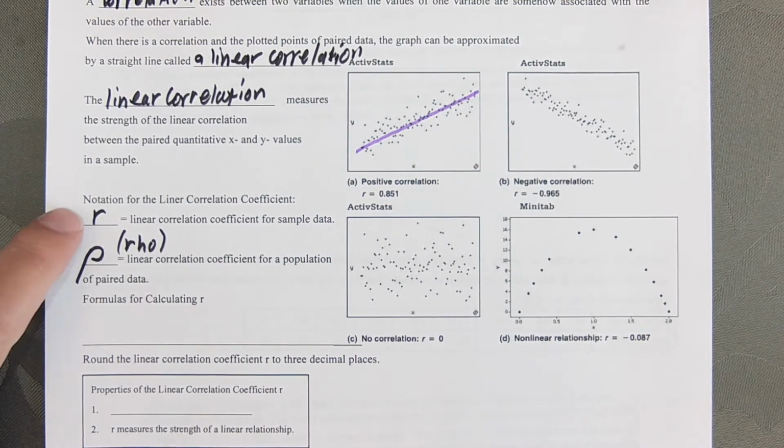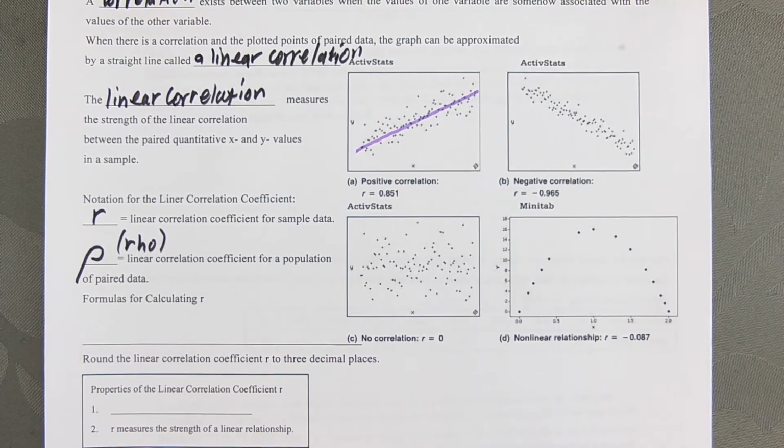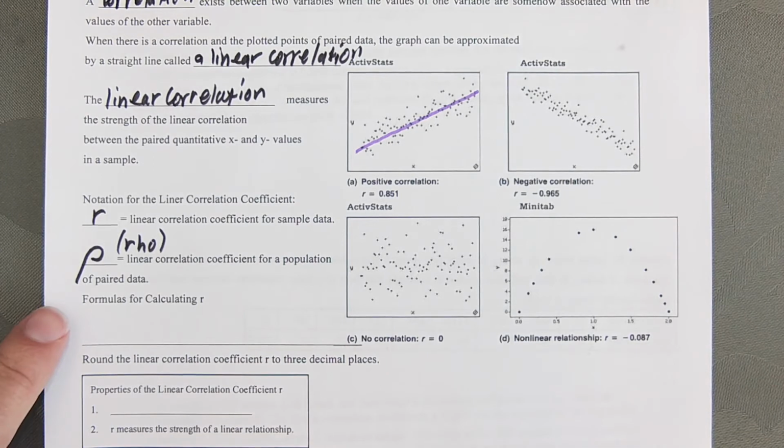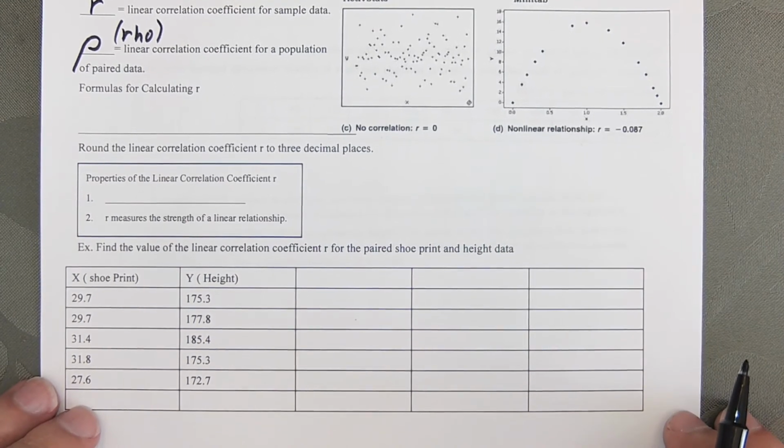We're going to have to use sample data to approximate that. And what I'm supposed to do, which I'm not going to do, is write down the formula for r here. It is terrifying looking. I'm happy to show it to you. Feel free to request it on the discussion board if you really want to see it. But I'm going to skip that for now, and we're going to move on to actually working this out.